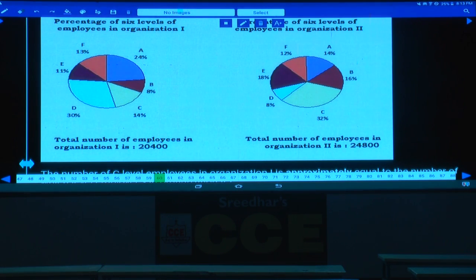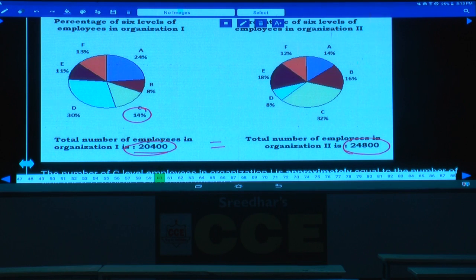Wait, somebody said 14. For organization 1, we calculated what percentage? 14% on what number? 20,400. Yes or no? That should be equal to which percentage on 24,800?